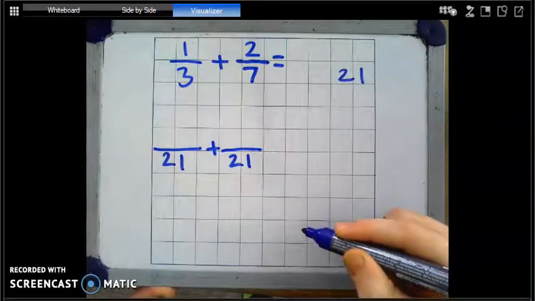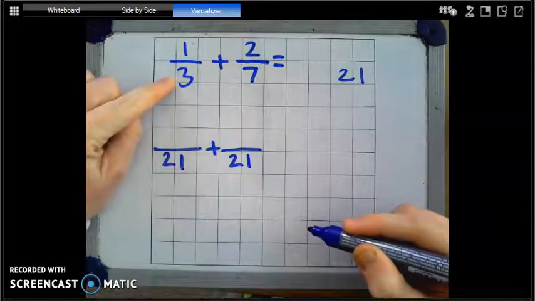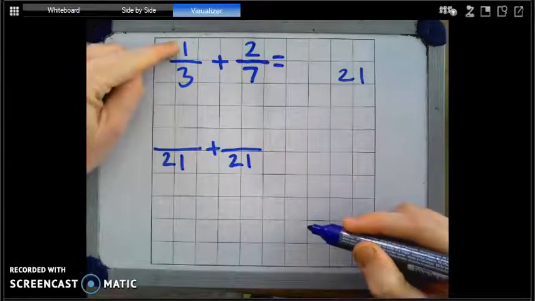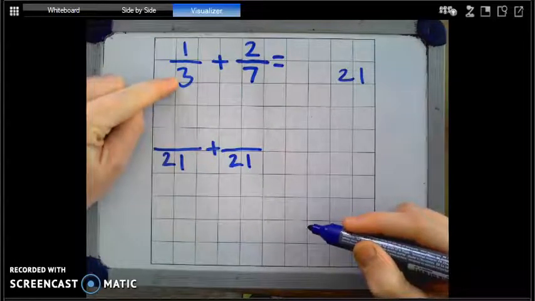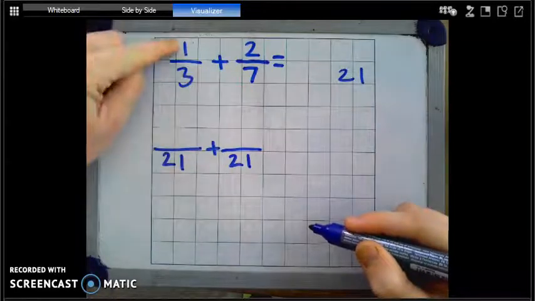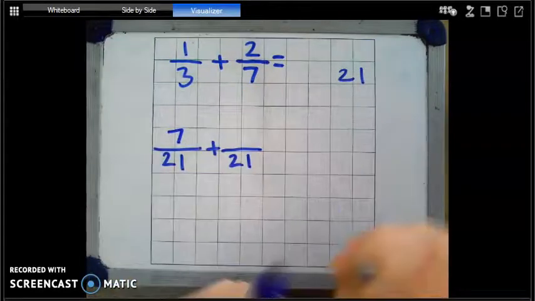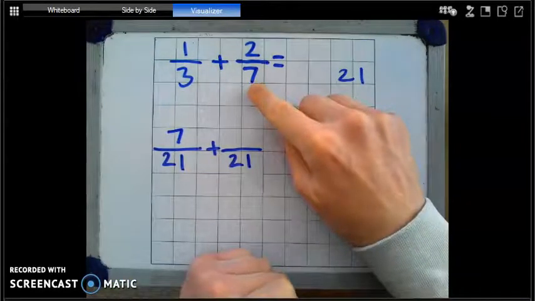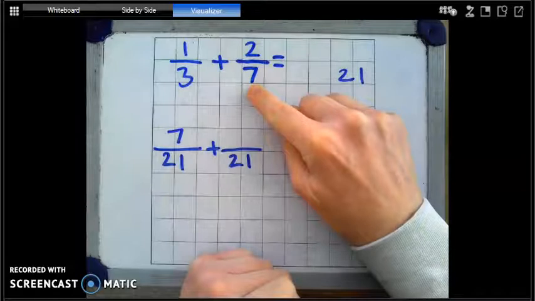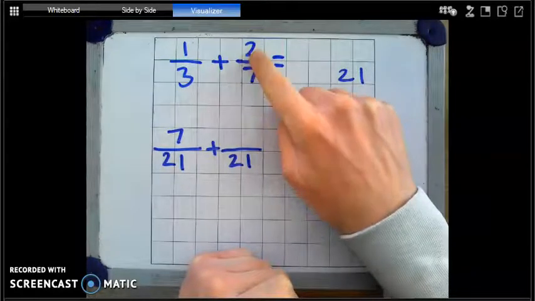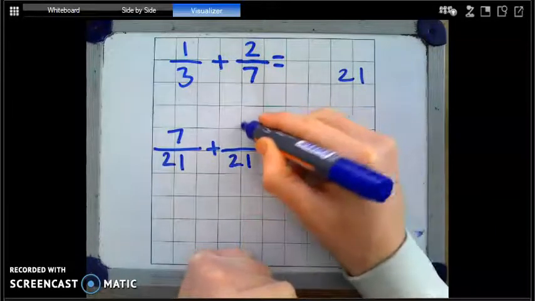Step 2, whatever we multiplied the bottom number by, we must also multiply the top number by. Well, 3 times 7 is 21, so 7 times 1 is 7. Over here, 7 times 3 is 21, so 2 times 3 is 6.